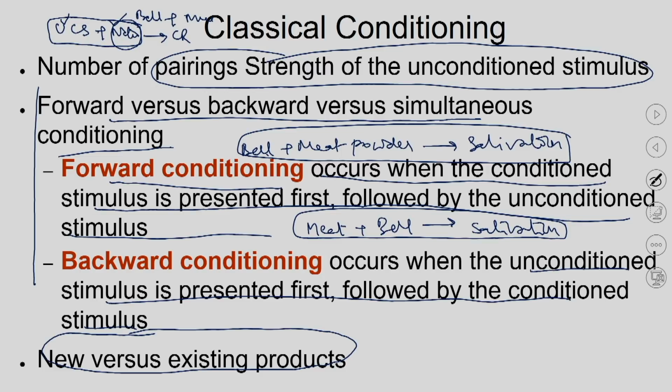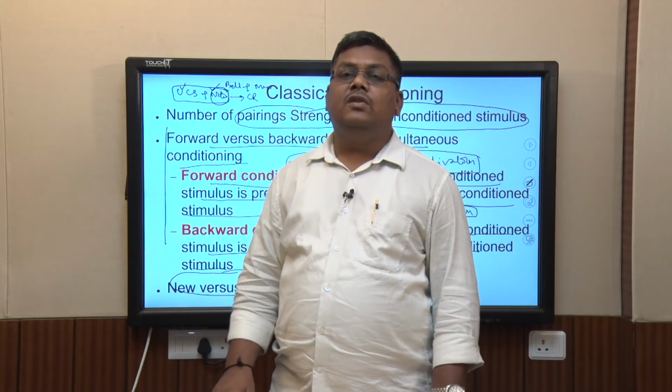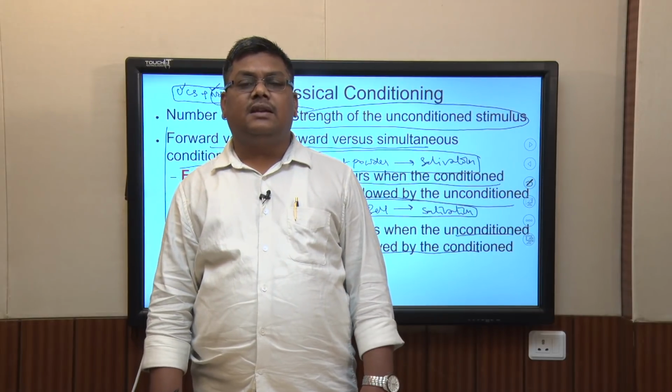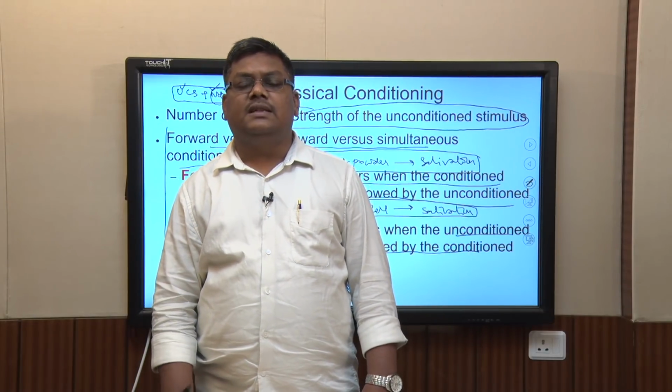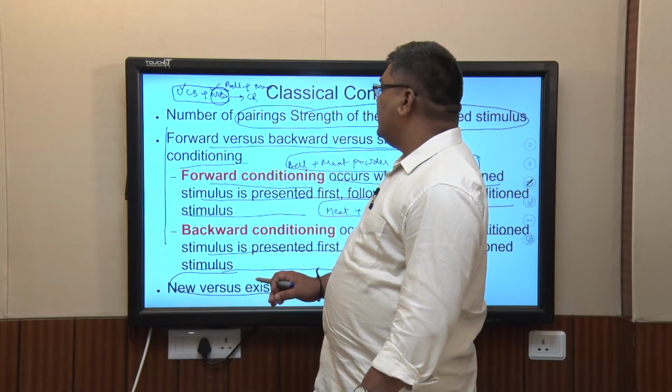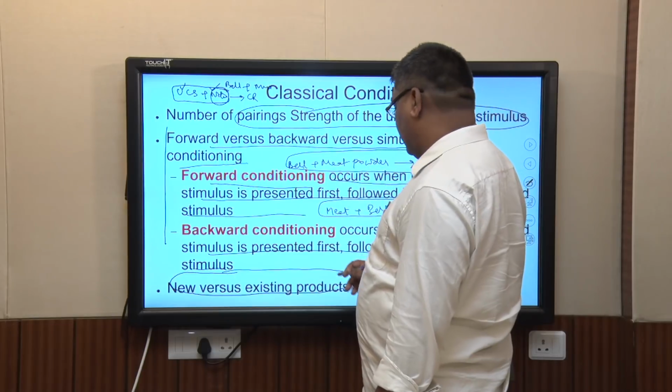This is how behavior is explained for new versus existing products. If a new product and an existing product are there, these conditioning principles can be used to establish behavior towards them.